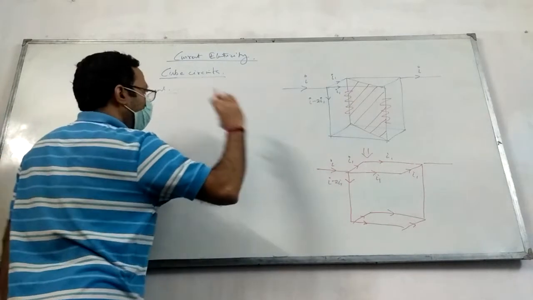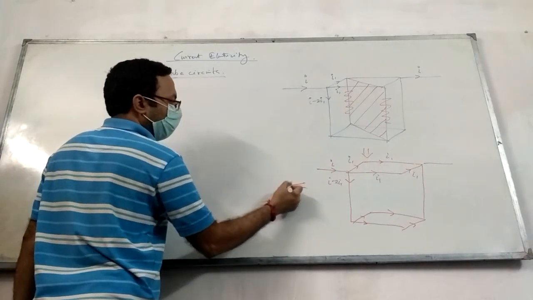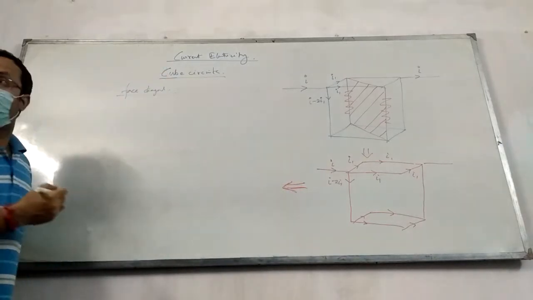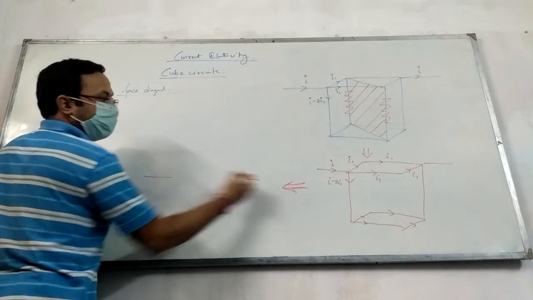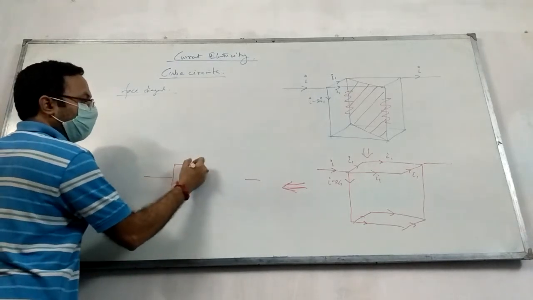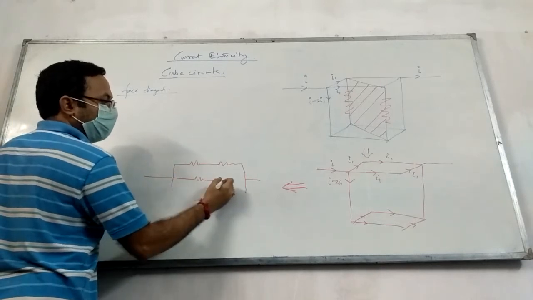तो इसको अगर हम एक 2D डायग्राम में कन्वर्ट करने का कोशिश करेंगे, if we convert this into a 2D diagram, क्या होगा? This is the entry point, this is the exit point. ऊपर में दो रेजिस्टर है, सेकंड में भी दो रेजिस্টर है.